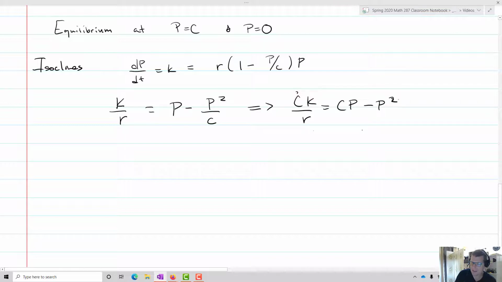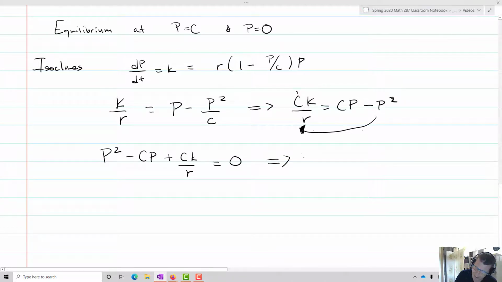It'll become apparent, or at least it'll make some sense, as to why we're doing this. And then I'm going to add over onto this side, in order to make everything positive, my P values. So P squared minus CP plus Ck over r is going to end up equaling 0.